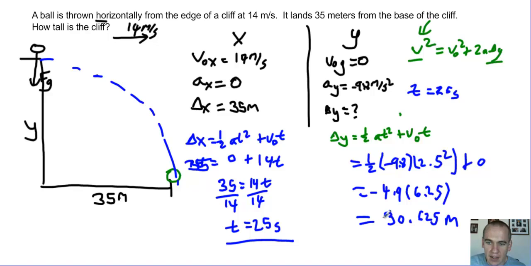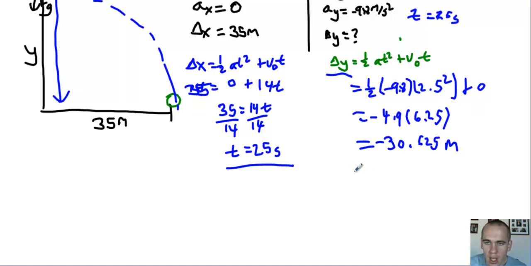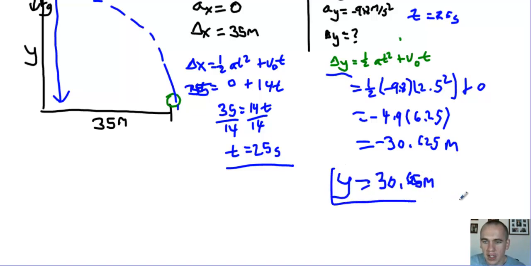And now it is technically negative 30.625 meters because I found its change in position, and the ball did change in position with a negative displacement, but that means it started with a positive initial position. So my initial position, or the height of the cliff, is 30.625 meters.